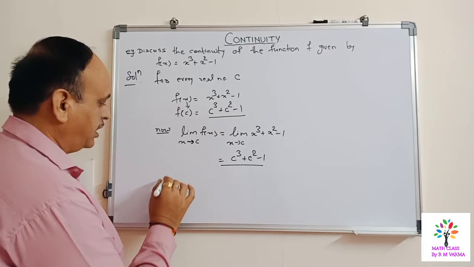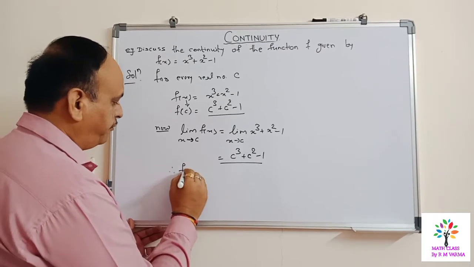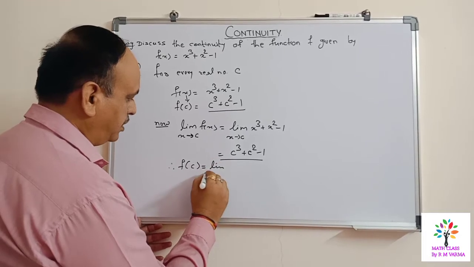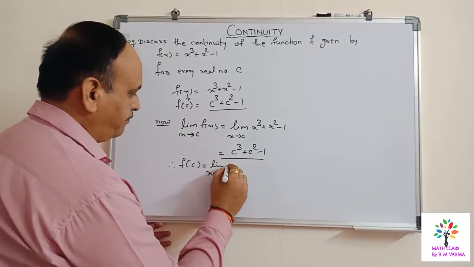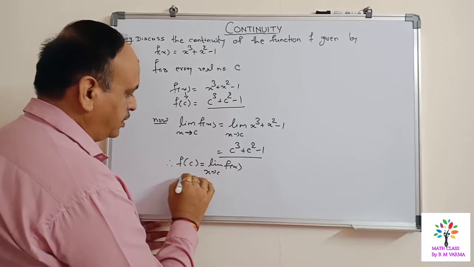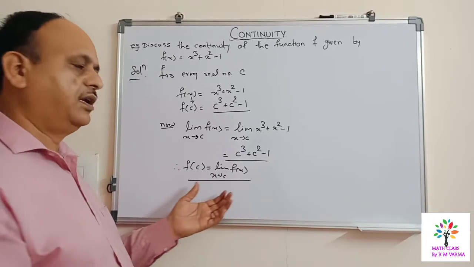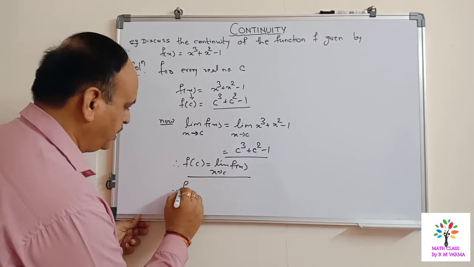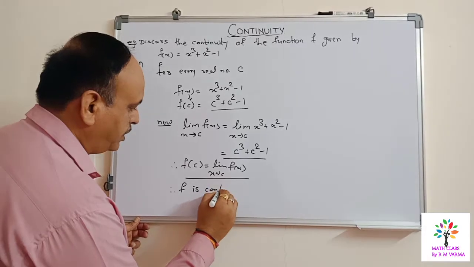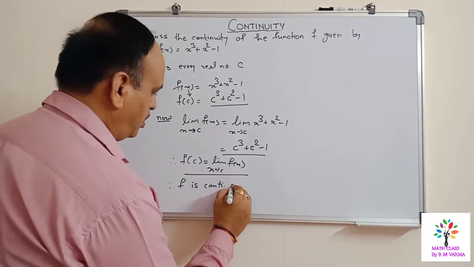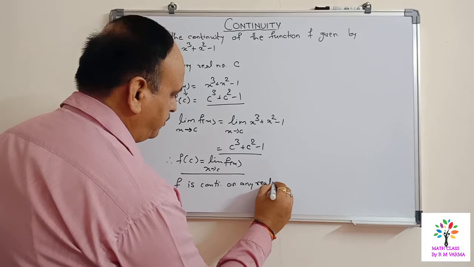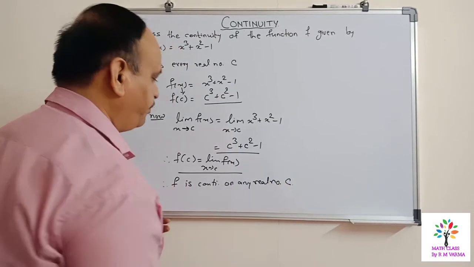Therefore, I can say that f(c) is equal to limit x tends to c of f(x). As f(c) and the limit are equal, the function is continuous. Therefore, f is continuous on any real number c.